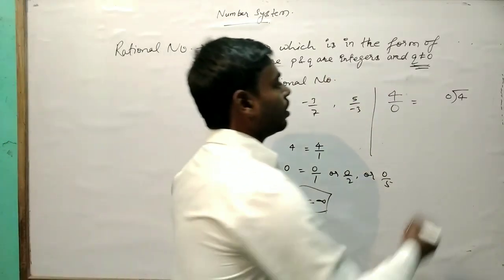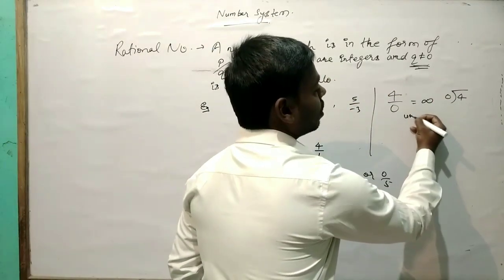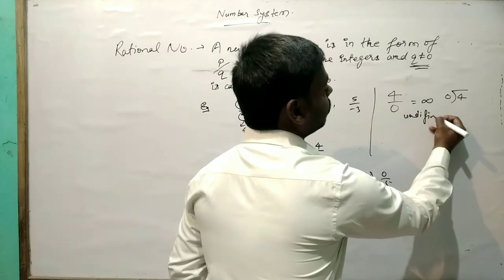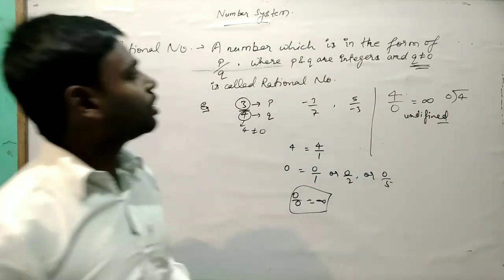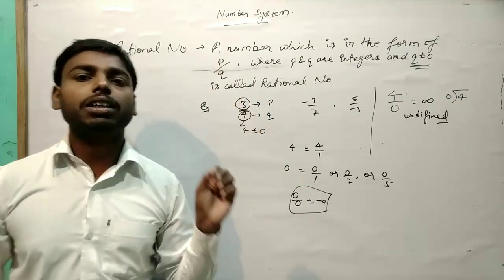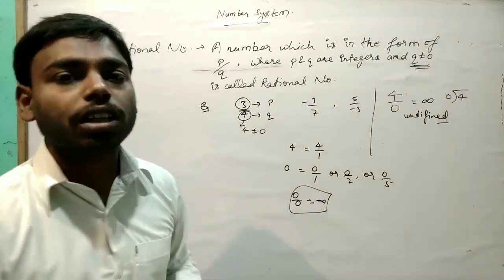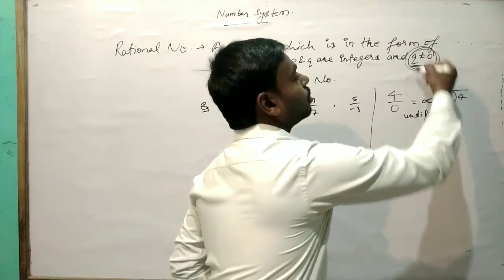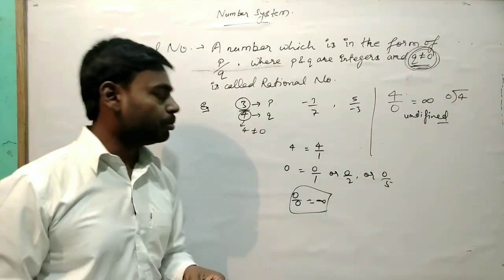So it is what? Undefined. So any rational number which is in the form of p by q, where p and q are integers and q is not equal to 0, is possible.